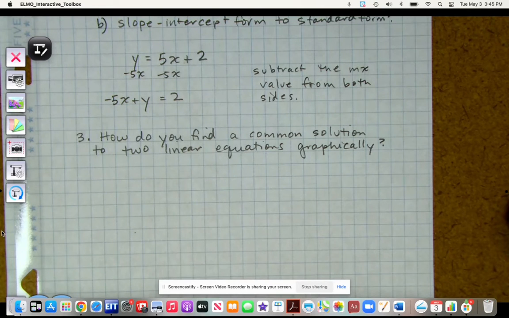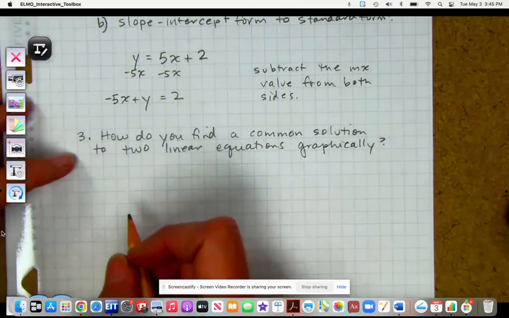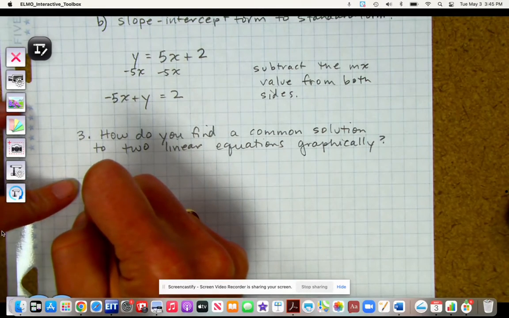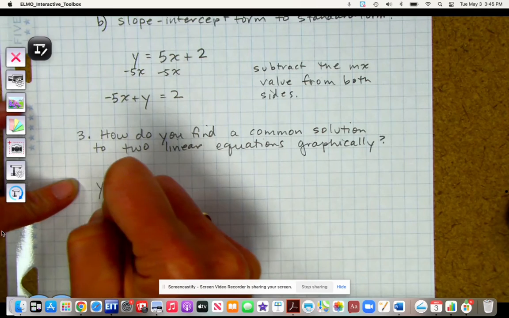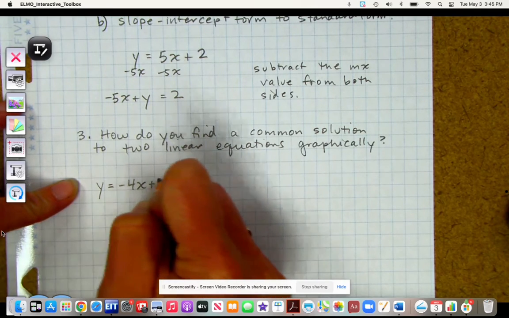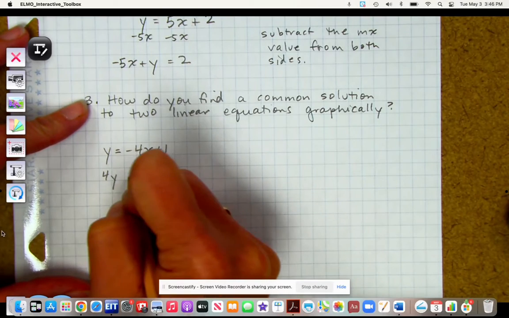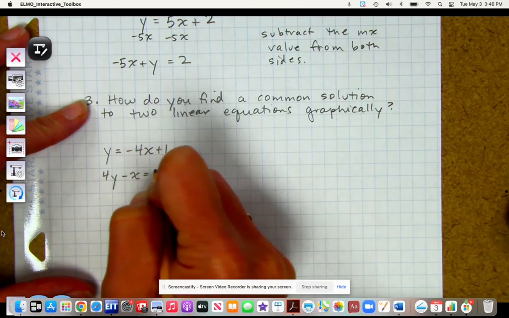Okay, well, let's do this with an example. Let's say I've got y is equal to negative 4x plus 1, and I've got 4y minus x is equal to 4.